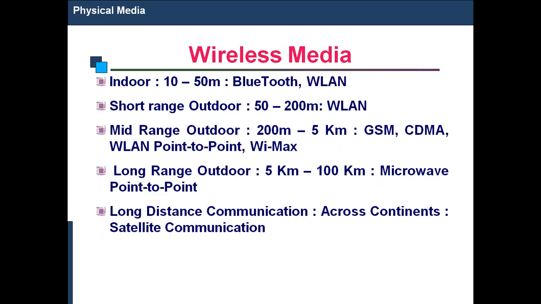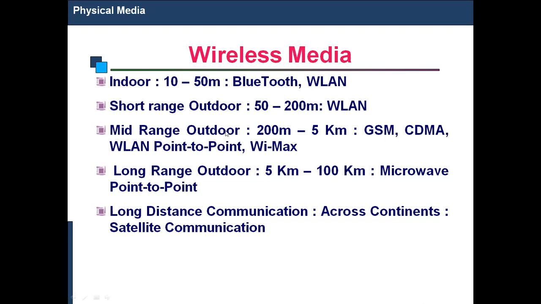Here, wireless media has indoor range, nothing but within a room, with a 10 to 50 meters range. Examples are Bluetooth or wireless LAN, that is Wi-Fi connections. Short range outdoor is 50 to 200 meters, also a Wi-Fi connection, wireless LAN.